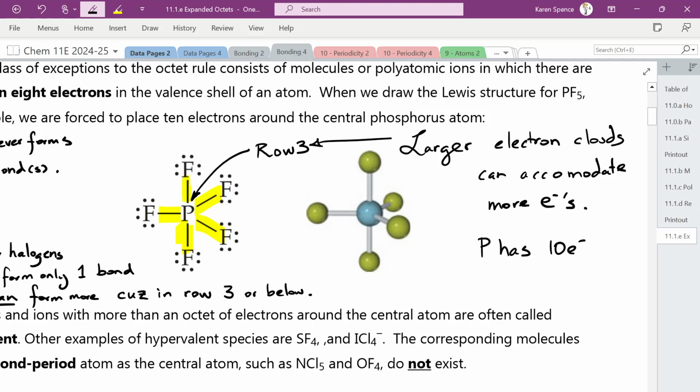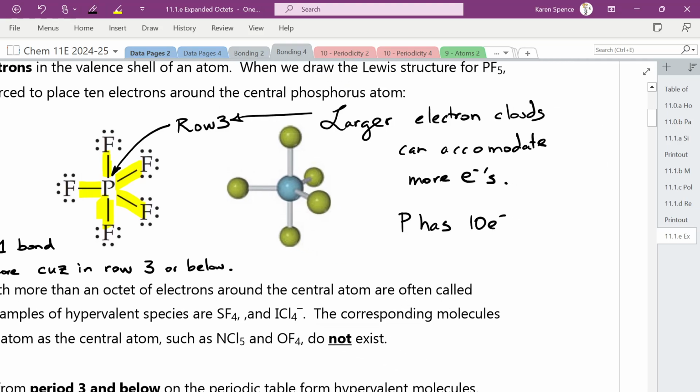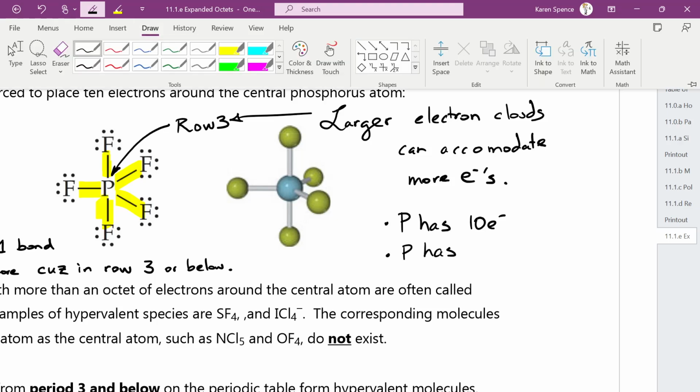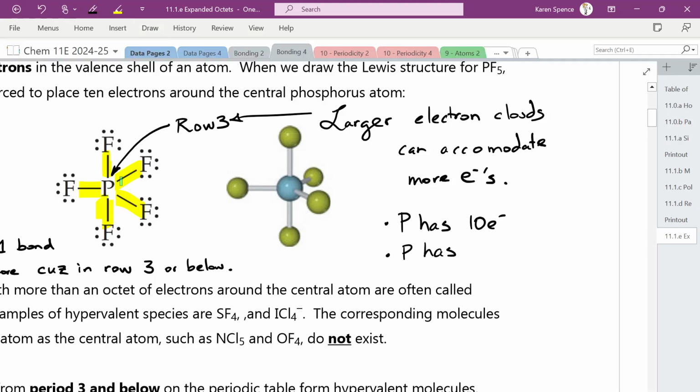How many electron domains? Chat with your neighbor about that. How many electron domains around phosphorus? This is super hard.